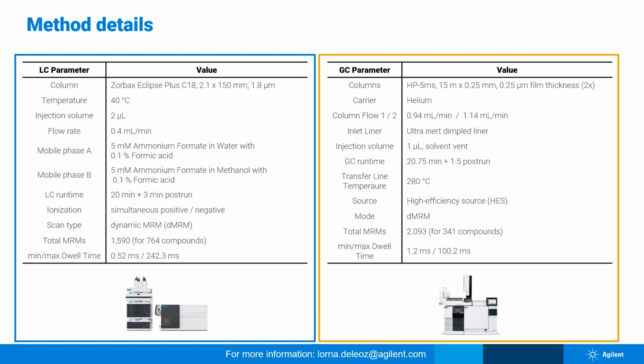For GC, we used our widely known pesticide analyzer setup consisting of 2 identical HP-5MS columns and mid-column backflush, and then the injection volume was 1 microliter in solvent vent mode, and we used the high efficiency source for best sensitivity.